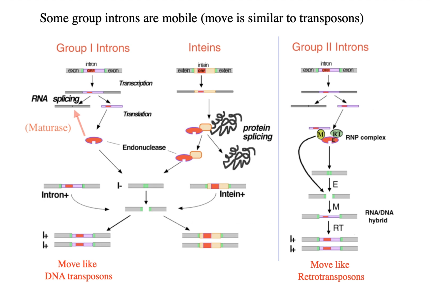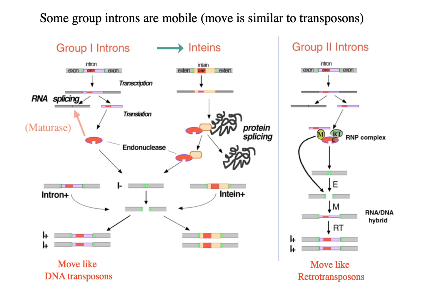In the case of group 2 introns, on the right-hand side, they encode several proteins, including a reverse transcriptase and an endonuclease usually, so they'll hit a target sequence. They insert the RNA into that spot, and then the reverse transcriptase and DNA polymerase finish the process by making a DNA copy of the intron in that location.